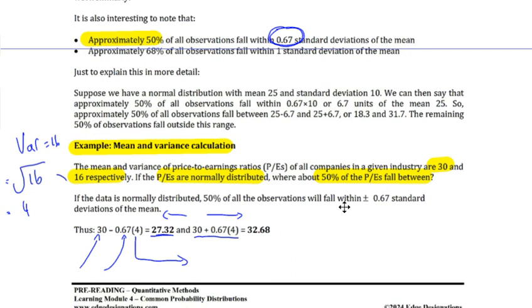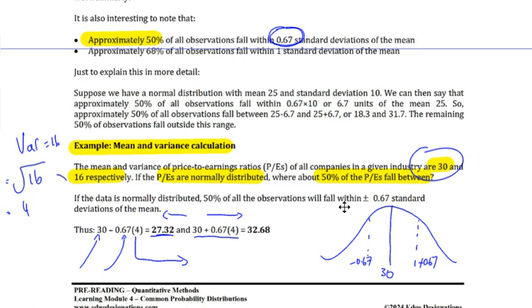Is everybody comfortable? Because remember, guys, if in this particular example I wanted to draw you a normal distribution, it would look like that. There is my mean. What's my mean over here? The question told me 30. 50% of the observations fall within minus 0.67 standard deviations to the left and plus 0.67 standard deviations then to the right.